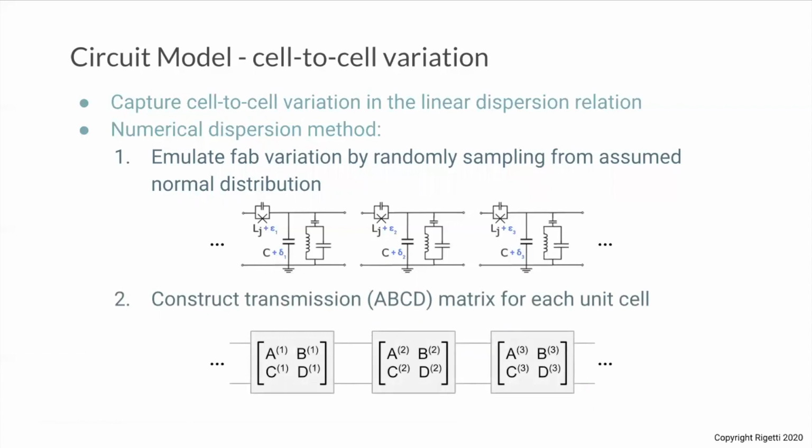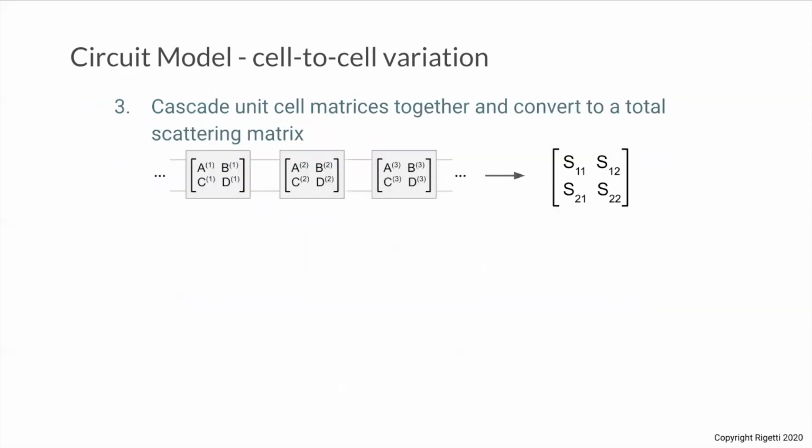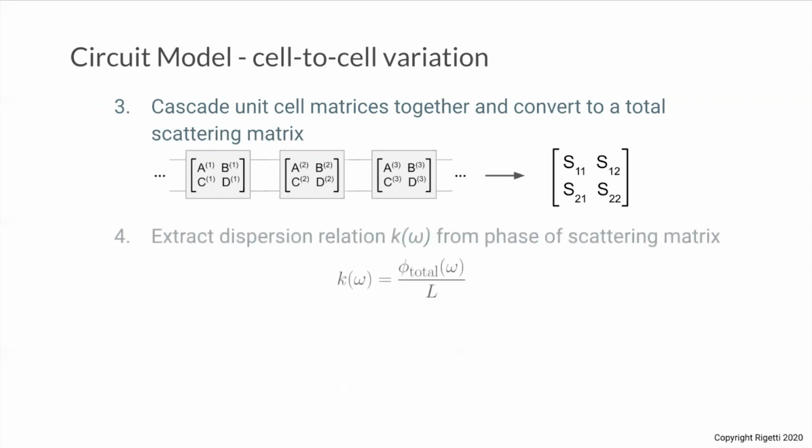Second, we construct a transmission matrix for each unit cell. Each of these two-port networks, which are unit cells, can be converted systematically into a 2x2 matrix, which depends on the exact circuit values. Next, we cascade the unit cells together by simply multiplying their matrices, and we convert to a total scattering matrix.